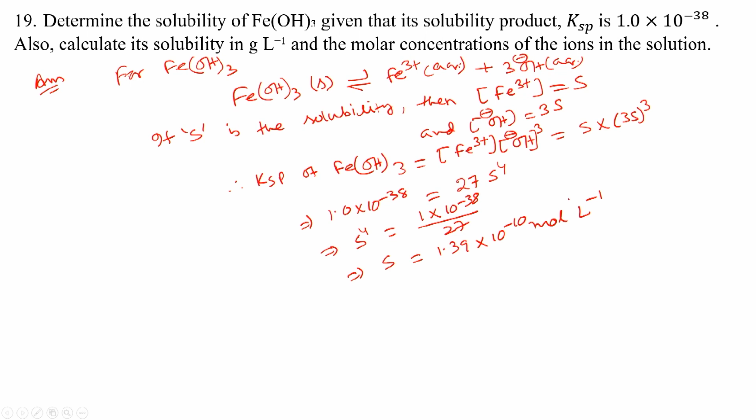So this is the solubility in moles per liter, but we need to calculate in grams per liter. In order to convert moles to grams, we need to use the molar mass of Fe(OH)3, right.